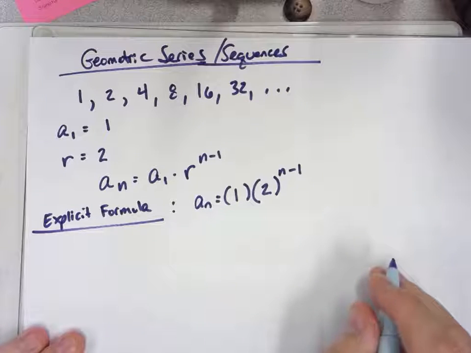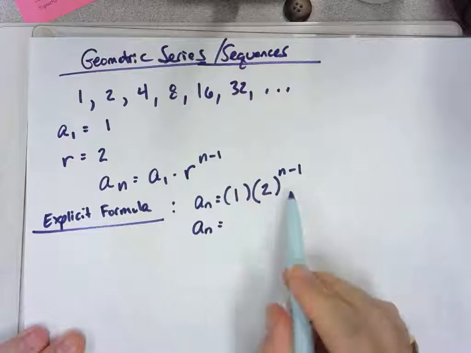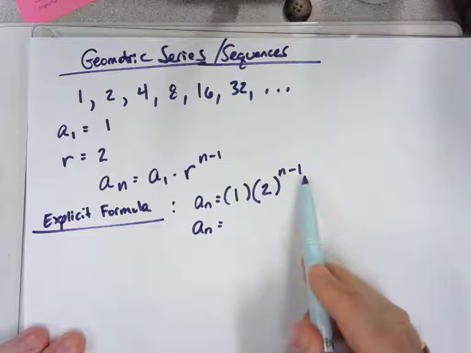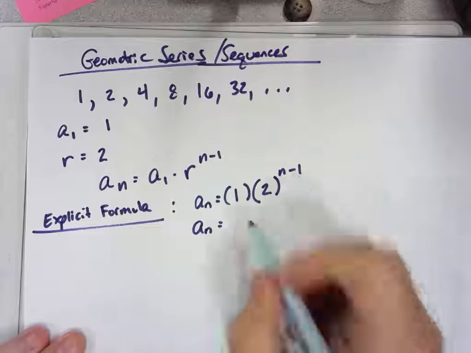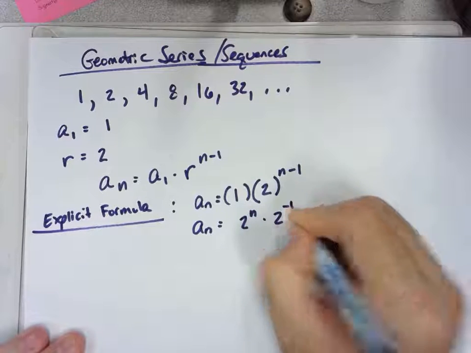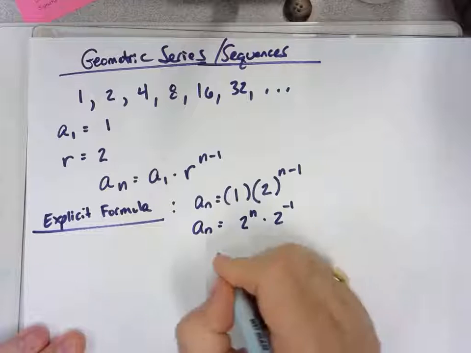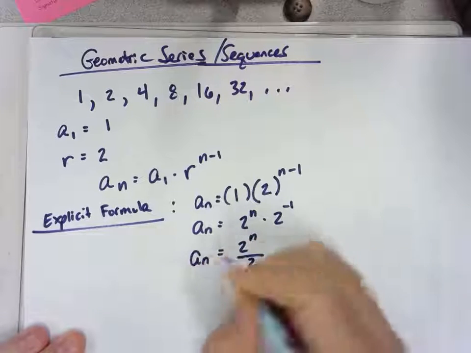Okay? And guys, if you look at this right here, I can break this apart using my rules for exponents. So this is just 2 to the n times 2 to the negative 1. 2 to the negative 1 is just 1/2. So I really get 2 to the n over 2 is a sub n.